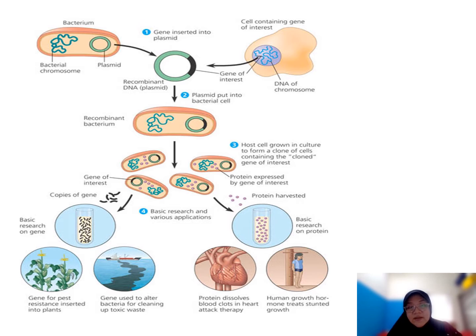This is an animal cell, and then ligase will be added to seal the combination of the DNAs, producing recombinant DNA. The recombinant DNA then will be added inside the host. The host here is the bacteria. Then the bacteria will clone itself, multiplied.